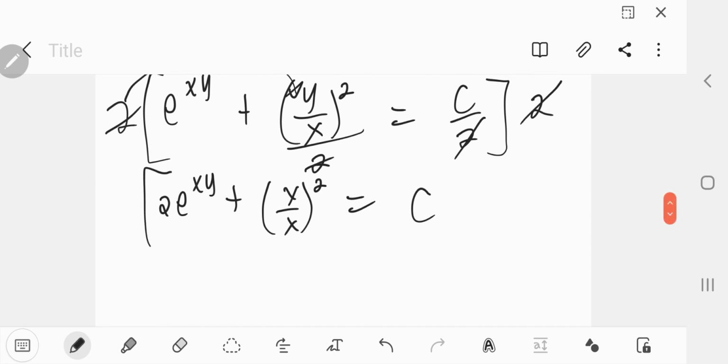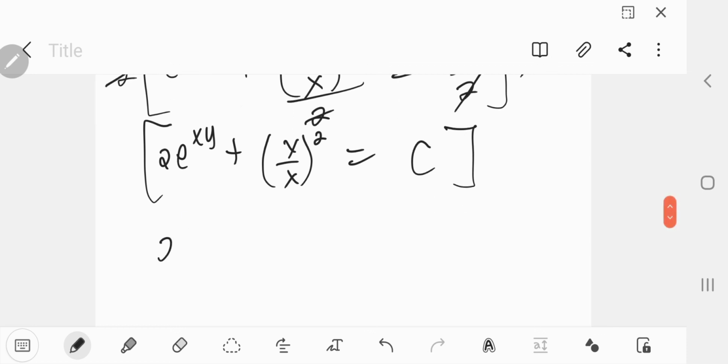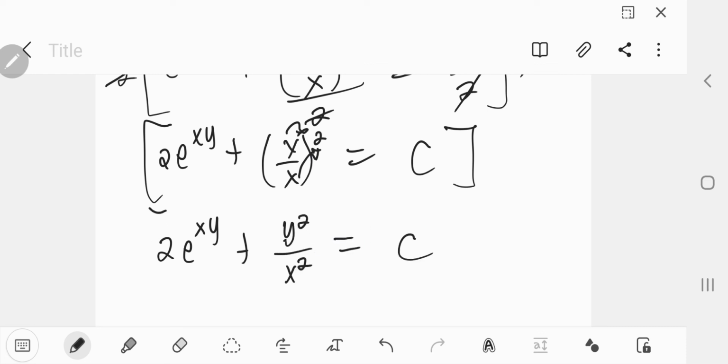And now let us have 2 e raised to the xy plus, let us simplify it. So we have y squared over x squared is equal to c. And now let us multiply both sides by x squared.